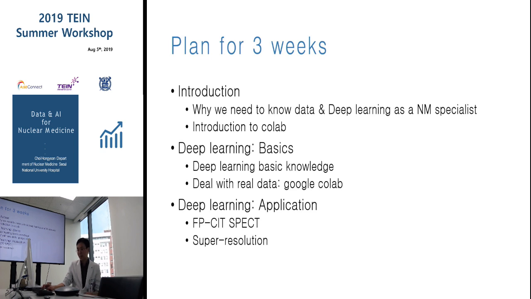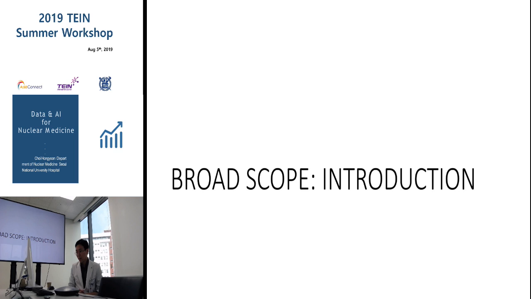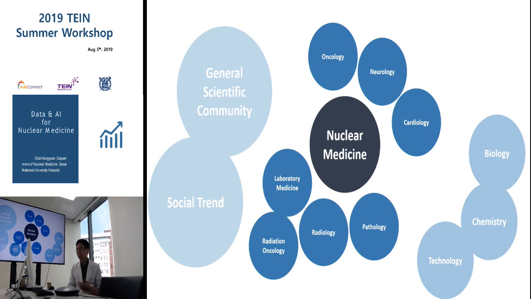I'll deal with some real data such as MNIST, which is handwritten letters to identify. And in the third week, I will talk about some deep learning applications using real data, using FP-CIT SPECT and image resolution. So today I just deal with a broad scope, an introduction to deep learning and data science.